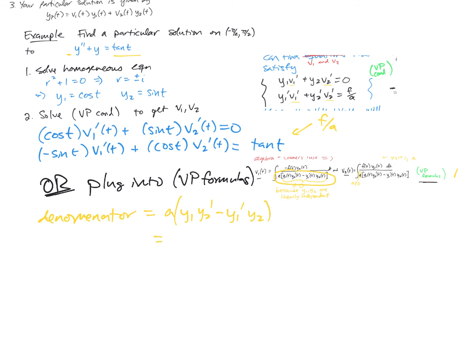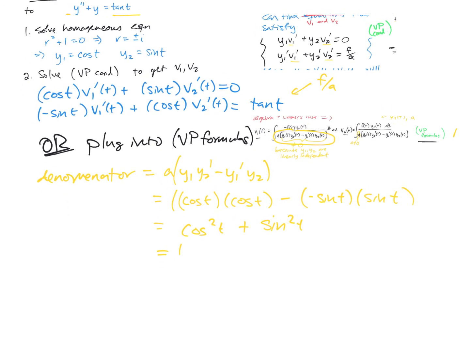In this case, that's equal to 1 times cosine t times y2 prime, which is cosine t, minus y1 prime, which is negative sine t, times y2, which is sine t. So that equals cosine squared of t plus sine squared of t, which equals 1. So cosine and sine are really nice functions to work with in this example. That means that using these formulas is actually super easy.